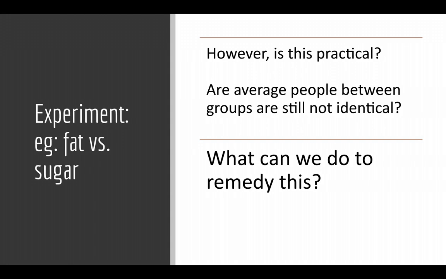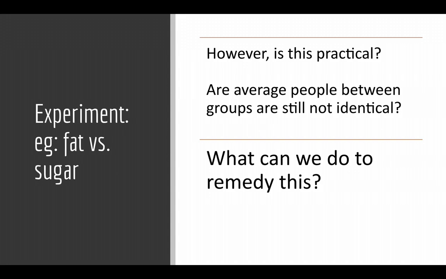But even if you can do so, we say, okay, pick an average person from the control group. It should be statistically equivalent to the person from your treatment group. However, average people between groups are still not identical.